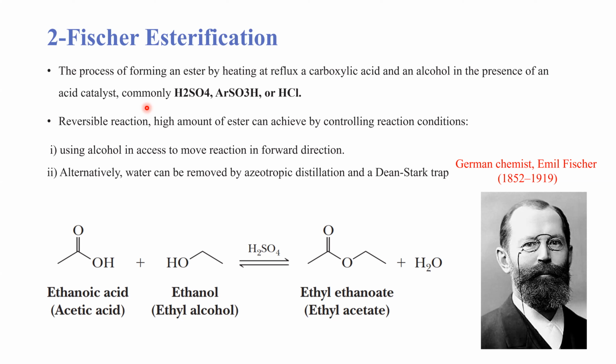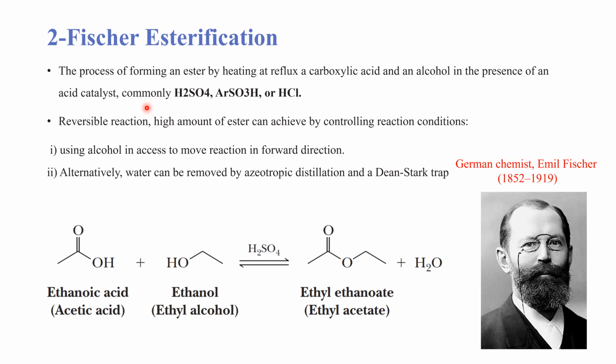In usual reaction conditions, when we take 1 mole of alcohol and react it with 1 mole of carboxylic acid, we usually get approximately 67% of ester, and the remaining 33% remains unconverted in the carboxylic acid form.